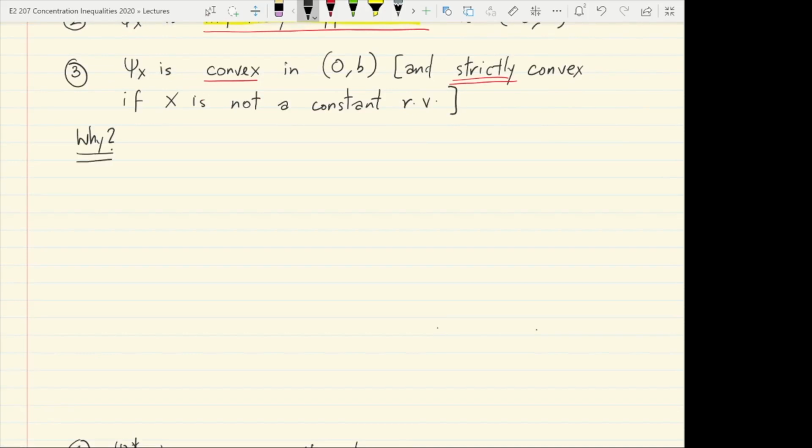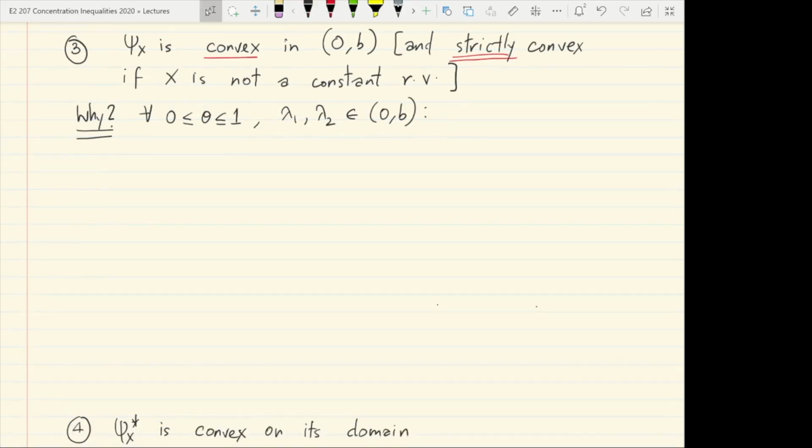Let's take any number theta between 0 and 1, and lambda 1 and lambda 2 in this valid interval 0 to b. Let's write down Cx of theta times lambda 1 plus 1 minus theta times lambda 2.